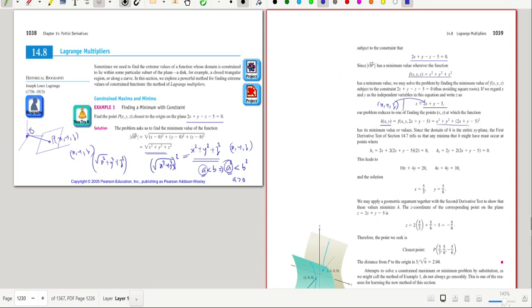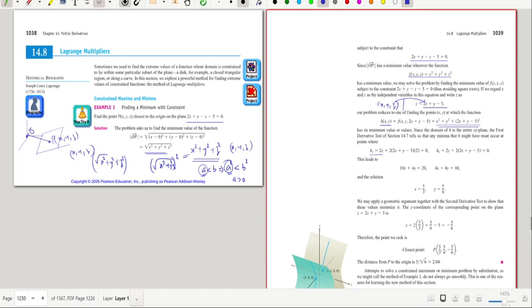So we need to find the points at which this value is minimum. We use the first derivative results for getting the minimum value. For that we write hx first.